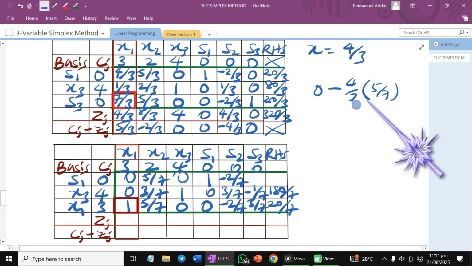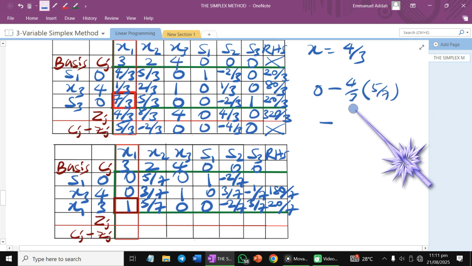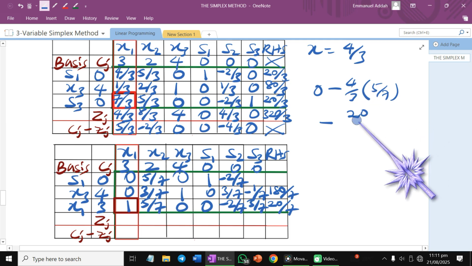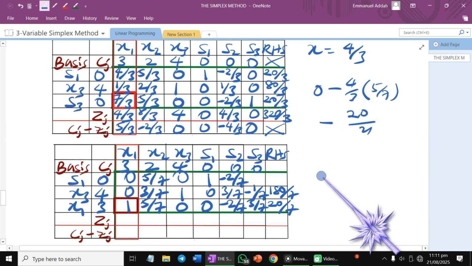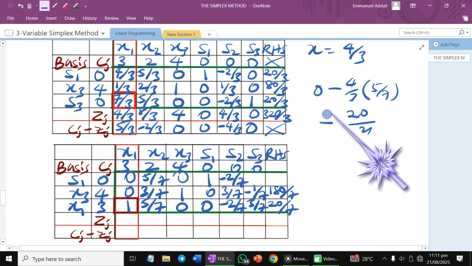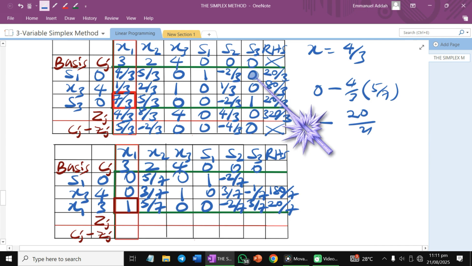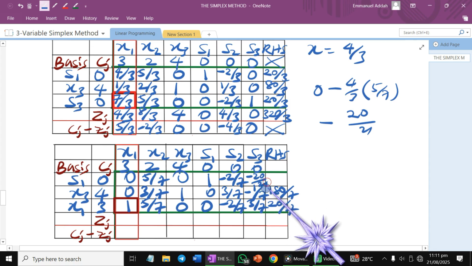So that will give us minus 20 over 21, because this is 0, 0 minus our factor, 4 over 3, into the old value there, which is 5 over 7. Can anything go? No, that'll be minus 20 over 21.